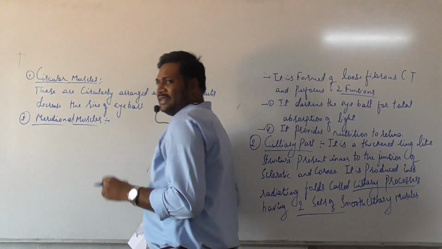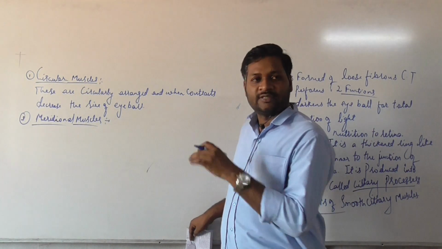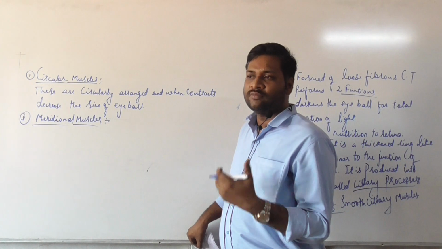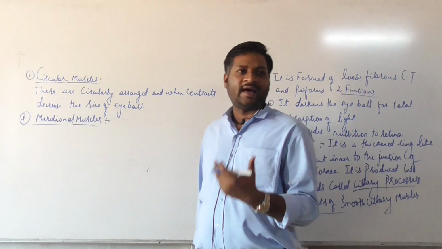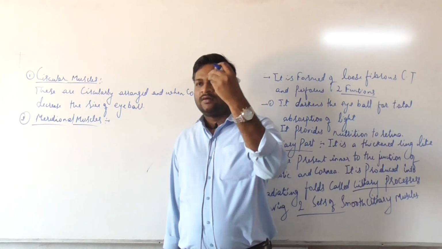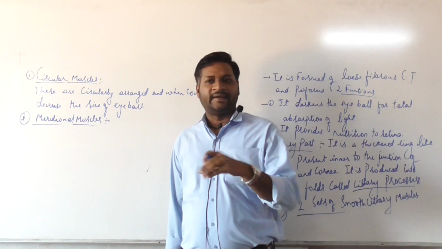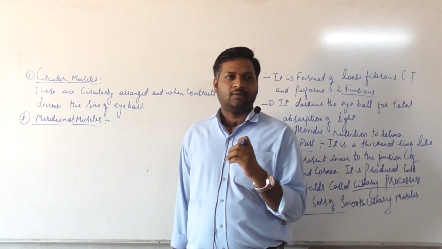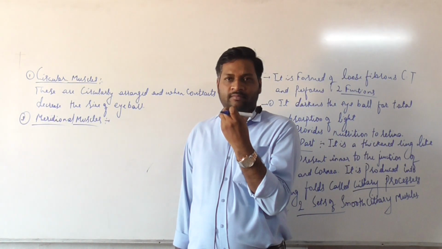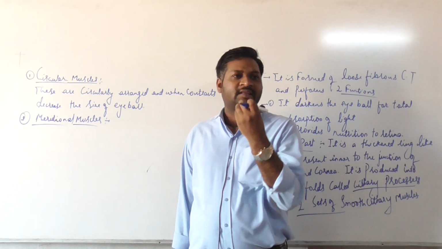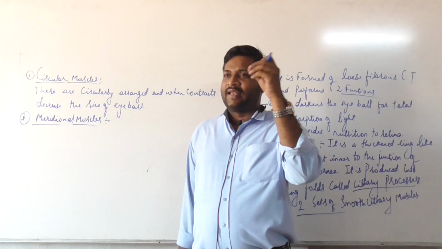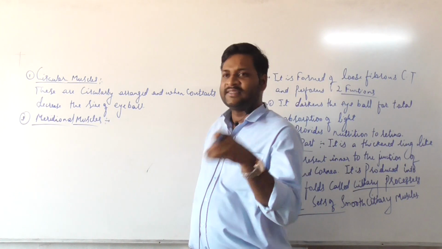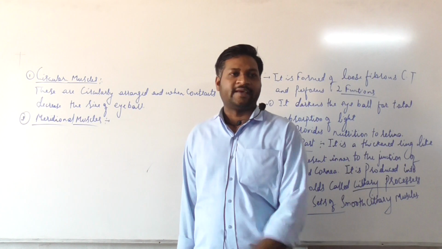Now see, these meridional muscles or circular muscles are supposed to show the movement within the eyes. When the light focuses on the retina, certain contraction-like activities are seen. When a high intensity light is exposed, you can see the changes within it, and those changes are regulated by this type of muscles.